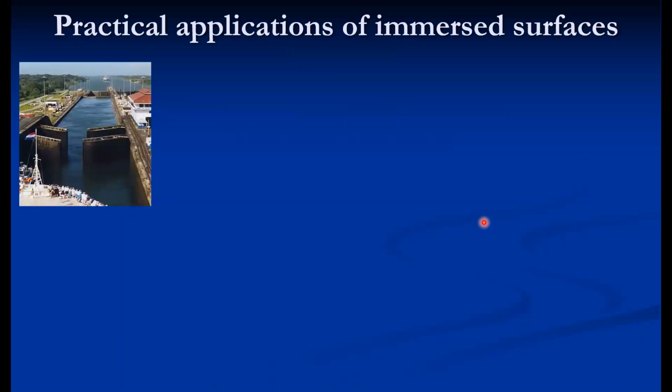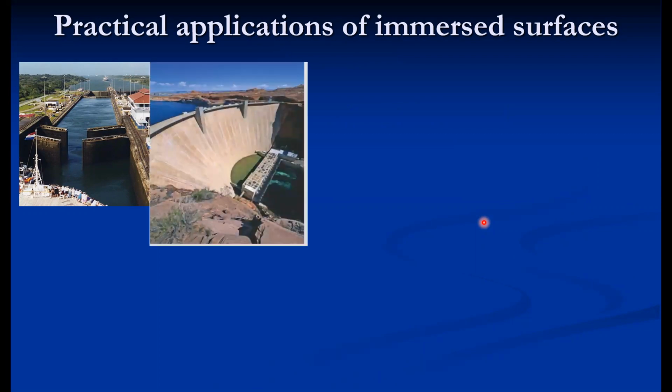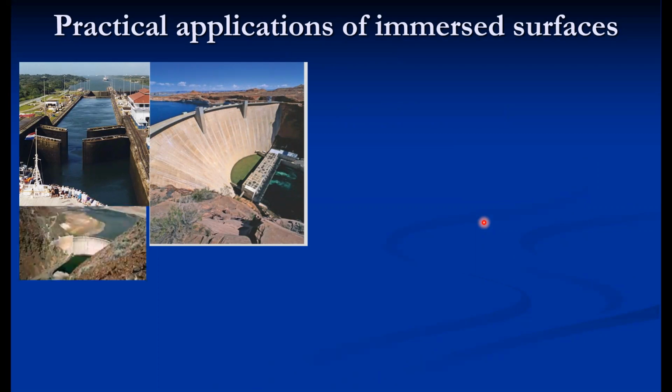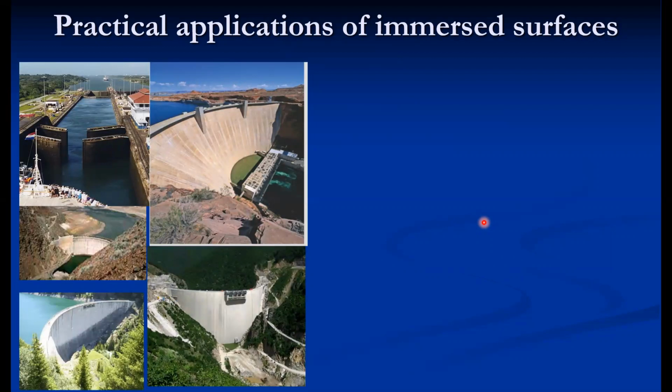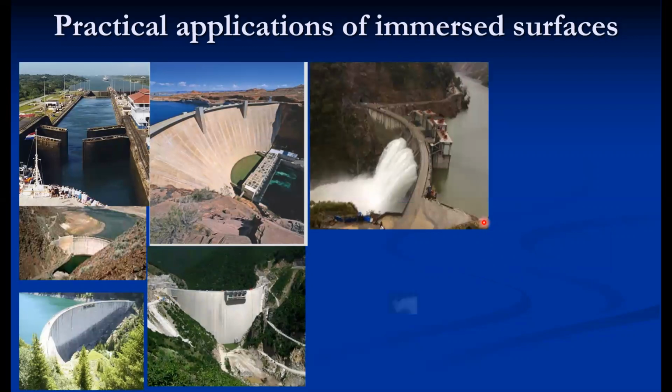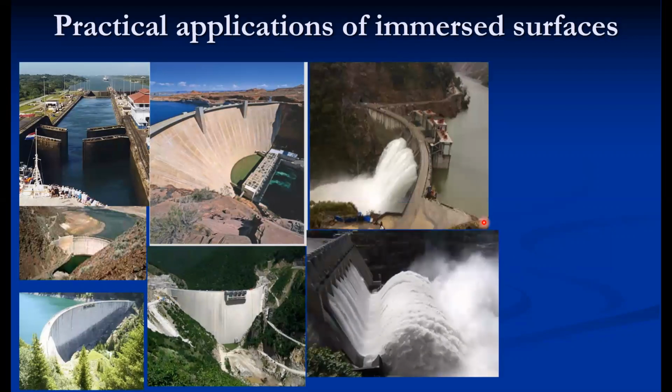The practical application of immersed surfaces, we can see in most cases whenever there is water flow through the channels, the different walls are there. These walls may be vertical, especially dam structures, which are of inclined shapes. There are different configurations of the dam structures. So in order to calculate the forces acting on these walls by the surfaces, this hydrostatic theory is used because there is a large amount of force generated.